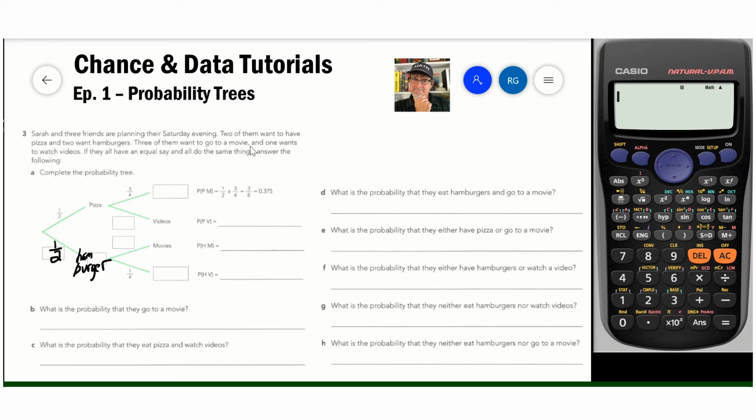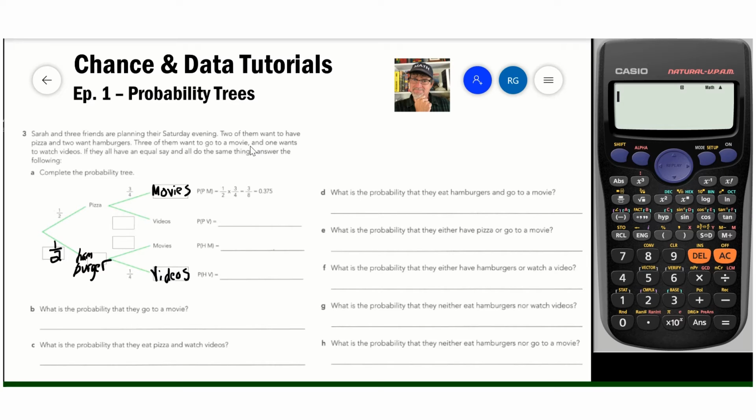Okay, so now the next outcome that we're talking about is the activity. So the 2 choices there are either movies or videos. So if you have pizza, you can either have videos or you can have movies. So we're going to write in movies here. And down here we've already got movies, so we're going to write in videos here.